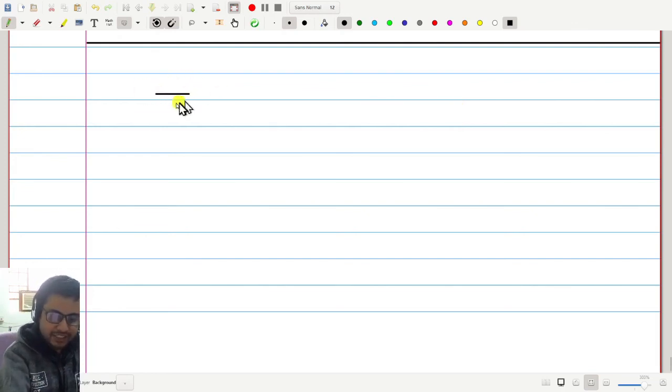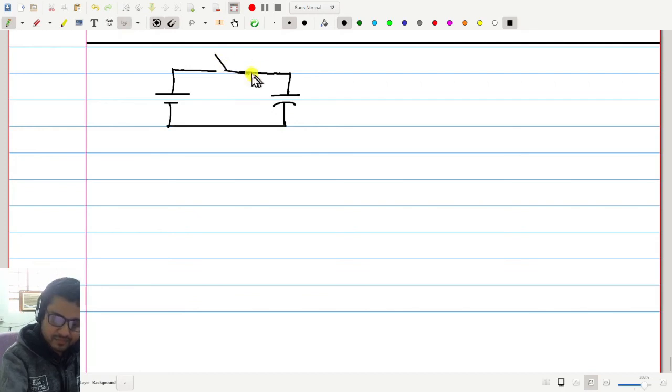So this is the good old capacitor battery problem. Okay, I will motivate this in this way.